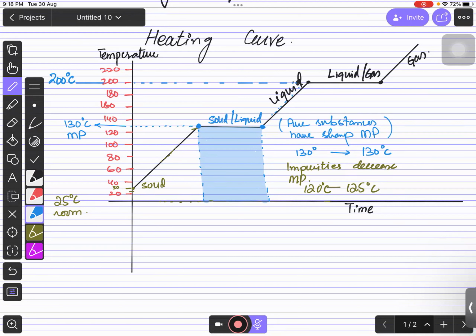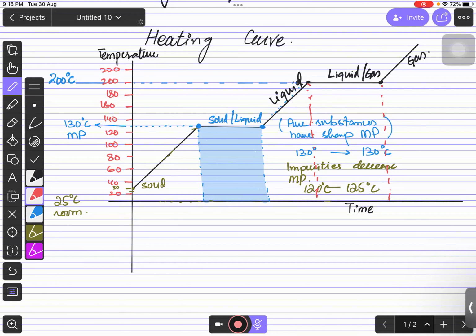Yes bacho, is that clear to all of you? Yes, sir. And again, one more time, if you focus over here, at this point there is no change in temperature, because the energy that we are providing is used to convert this liquid into gaseous state.